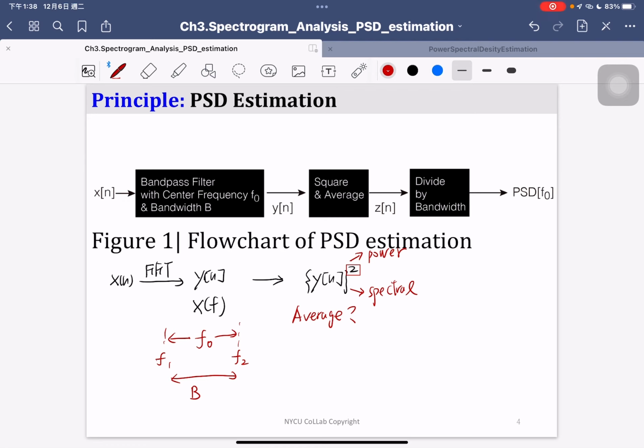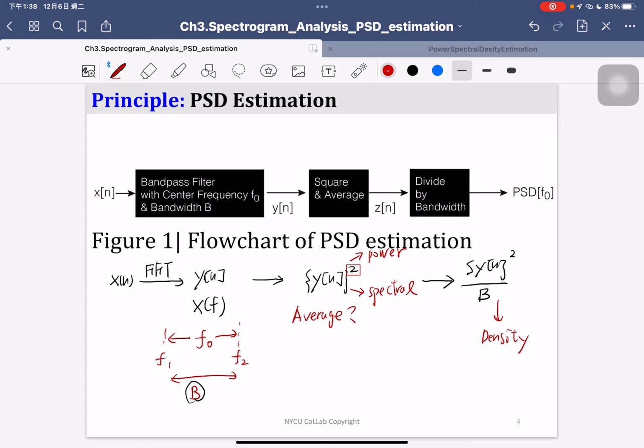So the next step, we already have the power spectrum, and finally we divide the square functions by the bandwidth here. After I divide by the bandwidth, we can call this totally the density.